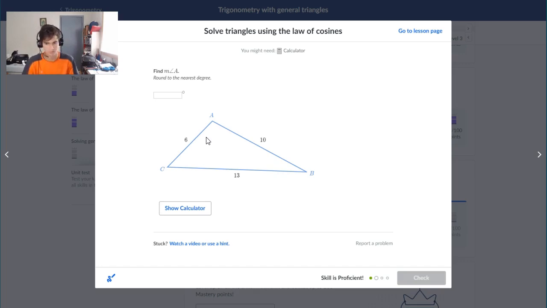You want to get the cosine of theta on one side. So let's start by doing subtract 136 from each side, and that leaves us with 33 is equal to negative 120 cosine theta.